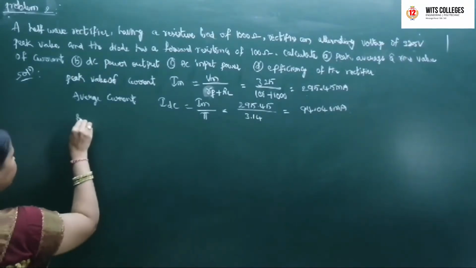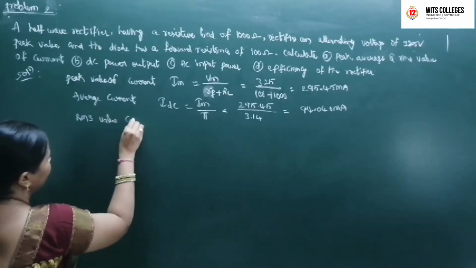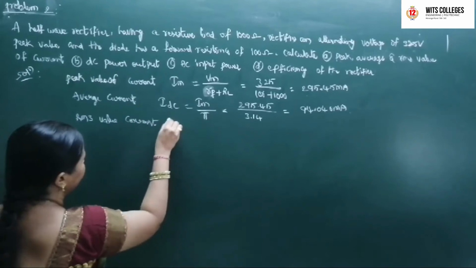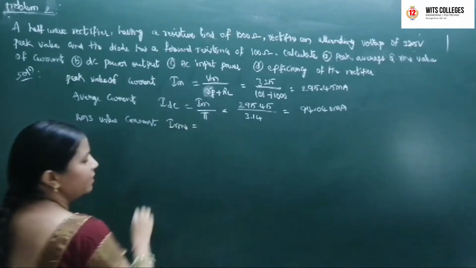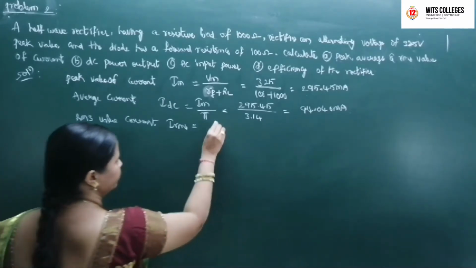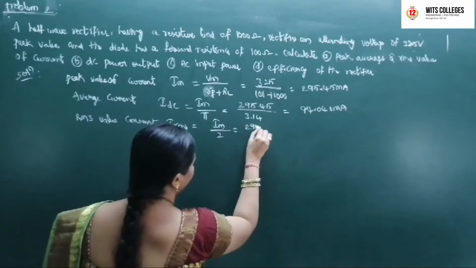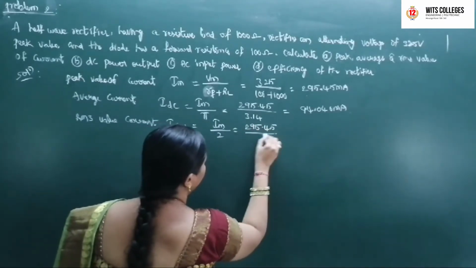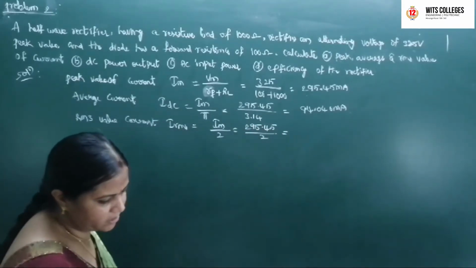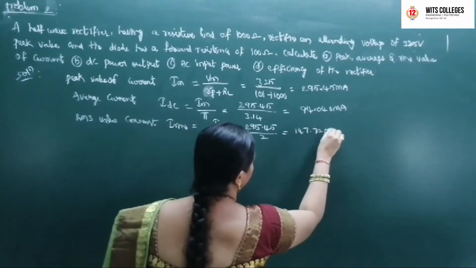Next, the RMS value of current is IRMS equal to Im by 2. Im value is 295.45 by 2, so you will get 147.72 milliamps.